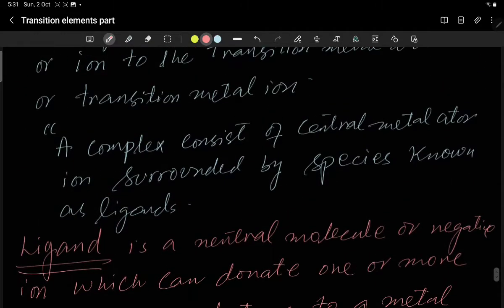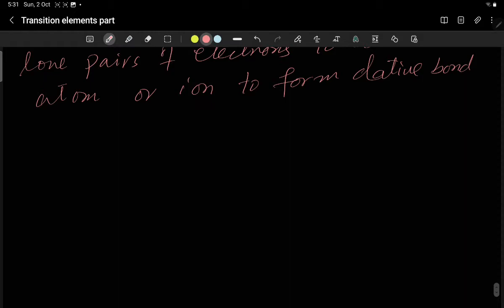So there are different types of ligands. Classification of ligands: how to classify the ligands?